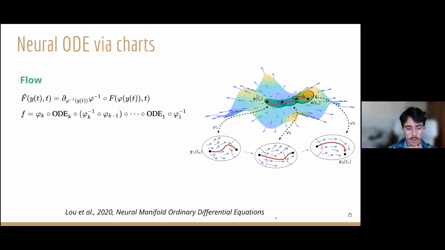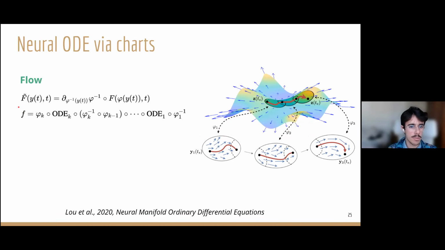Another approach, proposed in this other paper, still with a neural ODE approach, is to use the definition of a smooth manifold and rewrite the ODE from the manifold onto charts.